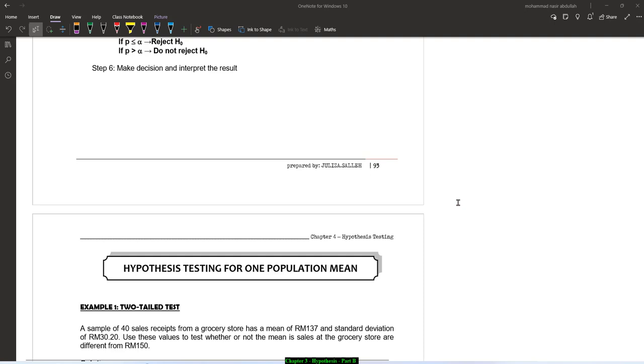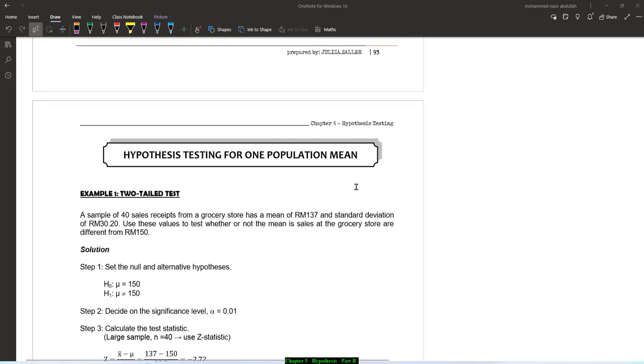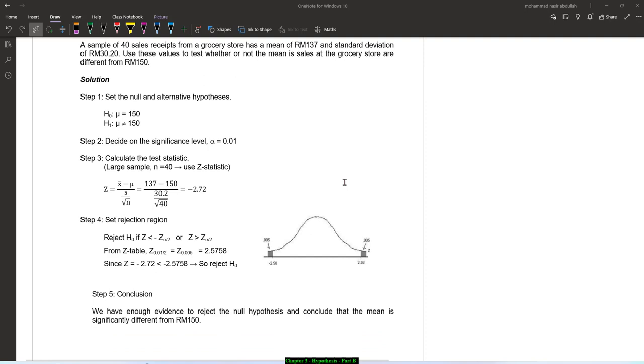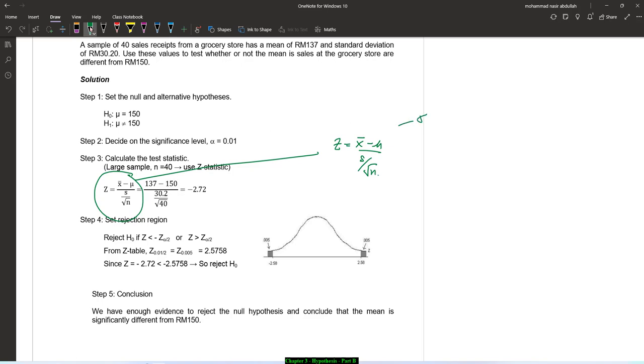We are looking into hypothesis testing for one population mean, and we are using the Z formula if the sample size is more than 30. So Z is equal to x bar minus mu divided by S over square root of n. This is when the population standard deviation is unknown and n is more than 30.